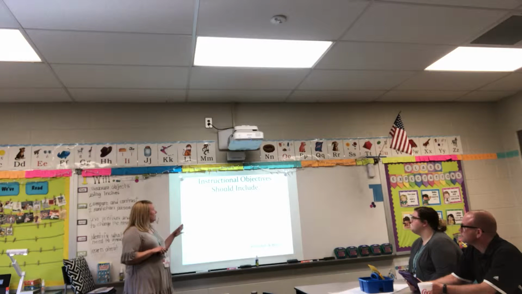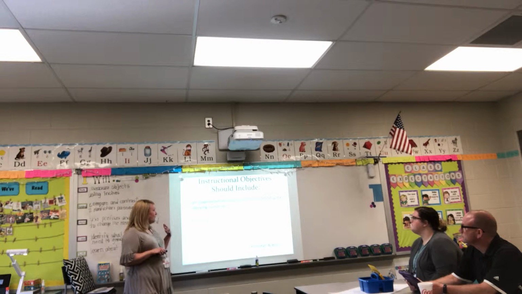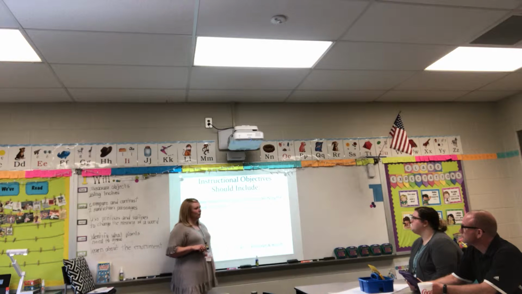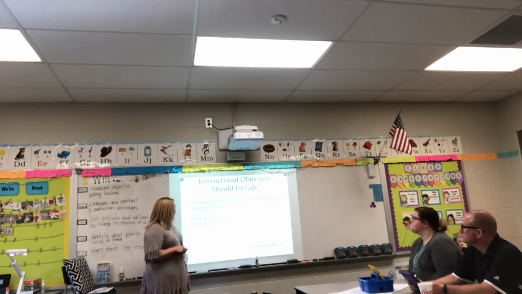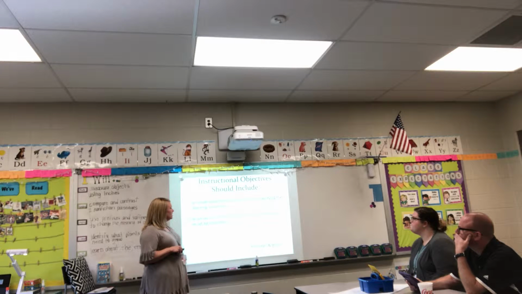So we're going to talk today about what a learning objective should include. The first would be an observable behavior. So examples here where we want students to list or create or label or describe. A learning objective should also consider any special conditions.